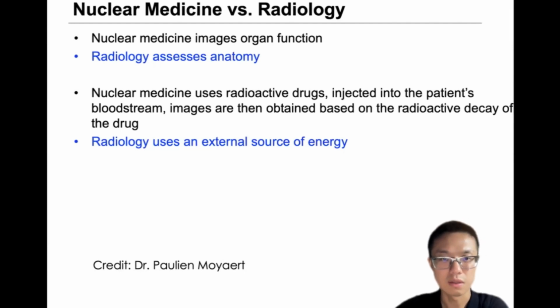For nuclear medicine, it will use radioactive drugs, which will be injected into patients' bloodstream, and images are then obtained based on the radioactive decay of the tracer drug. But radiology uses an external source of energy, either ionizing radiation, or you can use radio waves and a magnetic field. So these are some of the key differences between nuclear medicine and radiology.